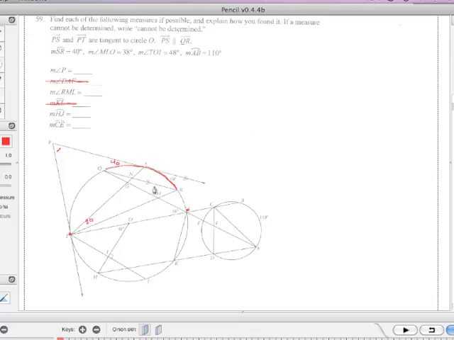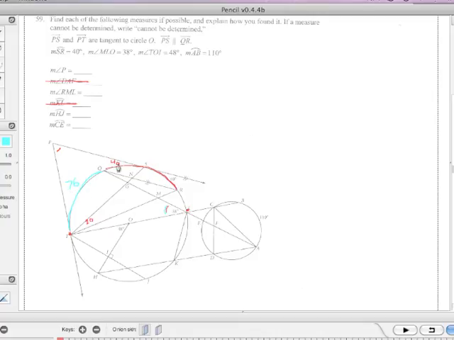Measure of arc RL. Okay, so if this angle right here is 38, then this arc measure from T to Q, let me put that in a different color. If that's 38, this arc measure has got to be 76.